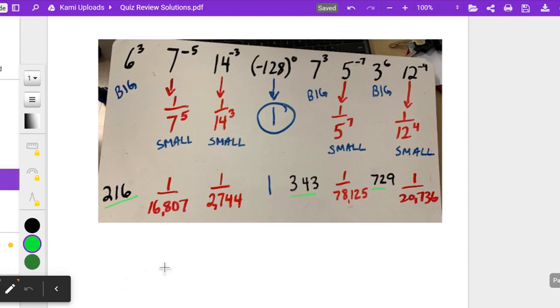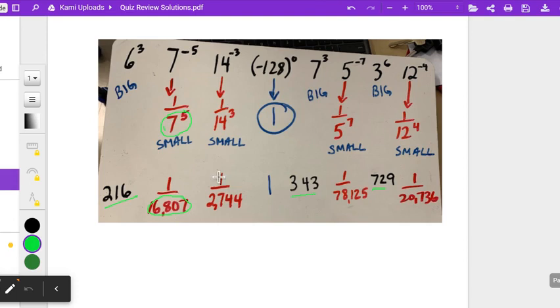Now let's look at the small numbers. For the small numbers, the power is in the denominator. So we can calculate this on our calculator, and it turns out to be this. So this fraction, in fact, is 1 out of 16,807. So if you imagine dividing something into 16,807 pieces, this is one of them.